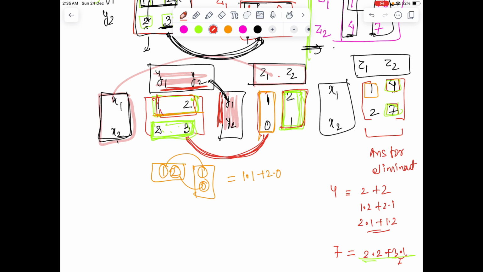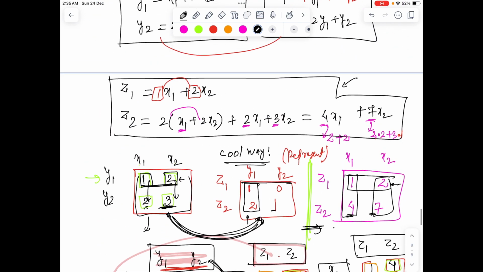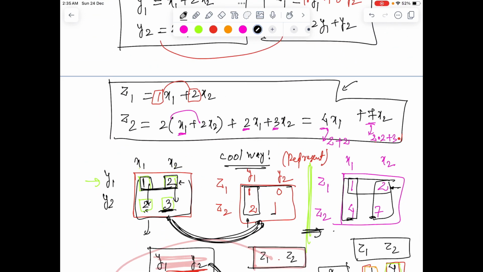So 1 into 1 plus 2 into 0. Similarly, this row multiplied with the second column, 1 into 2 plus 2 into 1, gives 4. Then 2, 3 with 1, 0 gives 2, and 2, 3 with 2, 1 gives 7. So I hope you have understood this. Basically, multiplication amounts to simulating and mimicking the idea of solving linear equations.